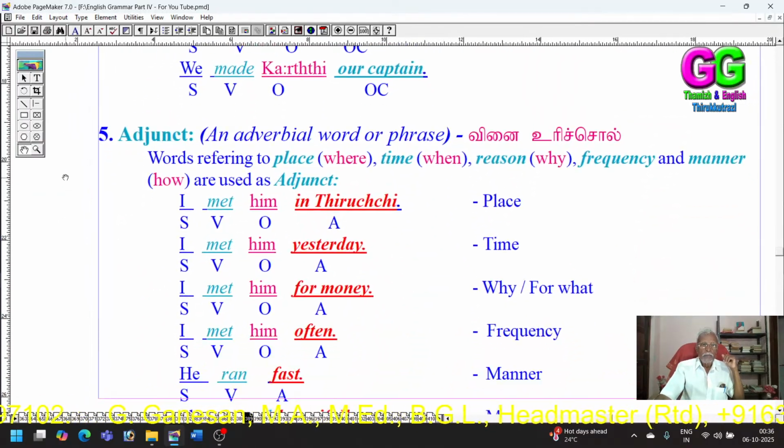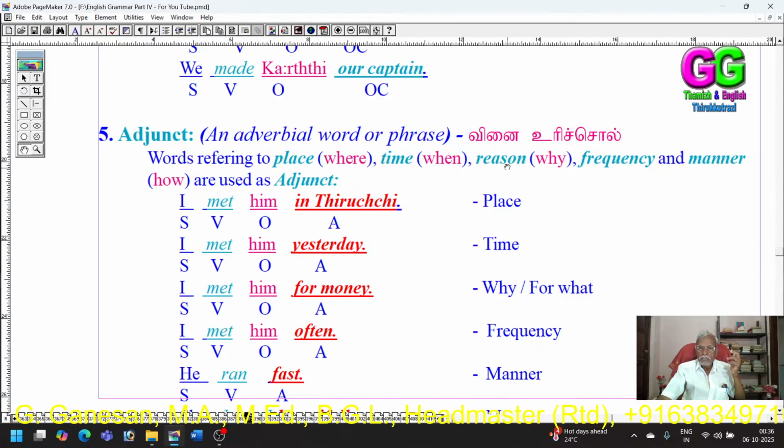Then the fifth element we have to say. Adjunct is the fifth element that we are going to see. Adjunct is an adverbial word or phrase. What is adjunct? An adverbial word or phrase is called adjunct. My dear children, what can be used as adjunct?